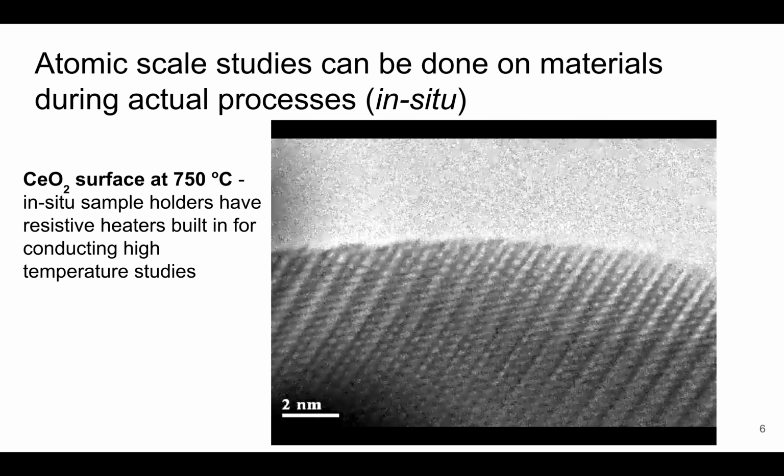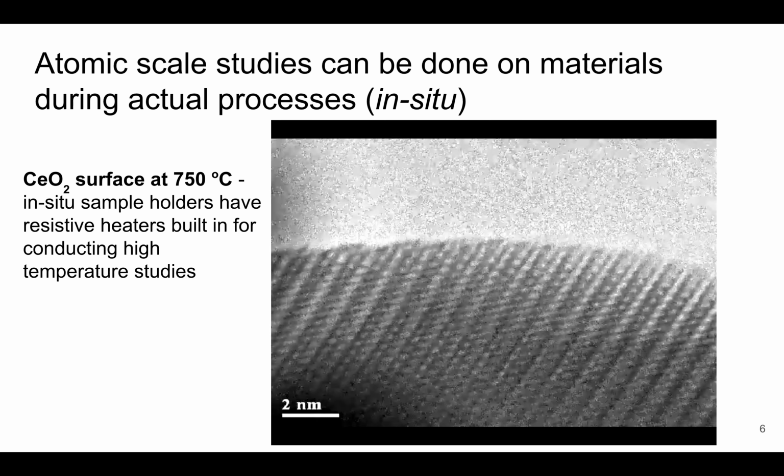This allows us to heat up samples, put a potential or flow current, change the temperature, also to be in a gas environment, similar to environmental SEM, and also liquid environments as well.